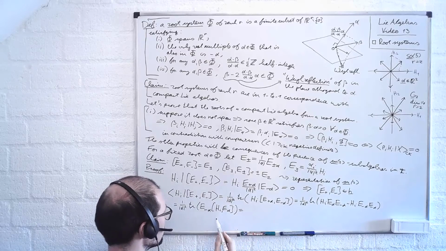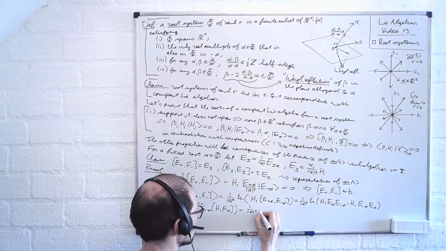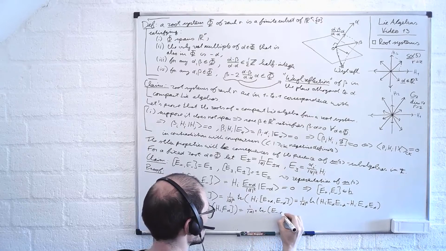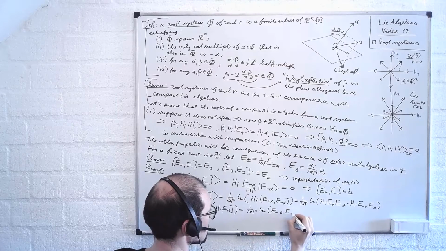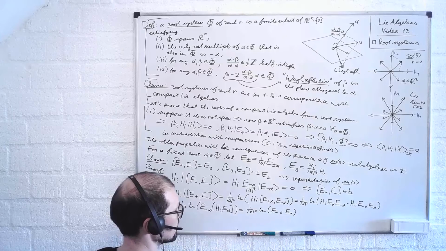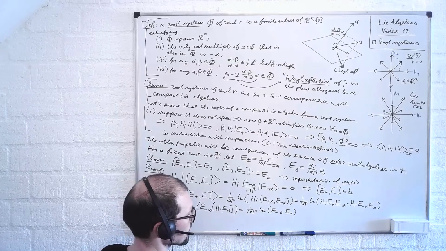But we know what this commutator is. This is alpha i, so trace E minus alpha E alpha by construction of my states E alpha.